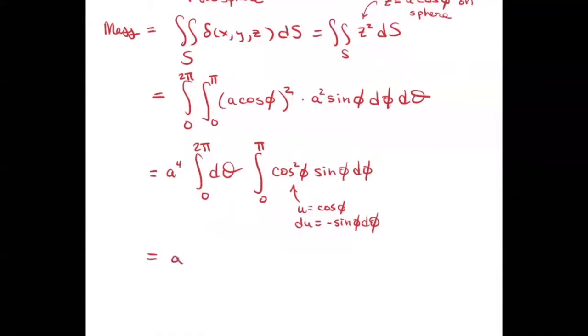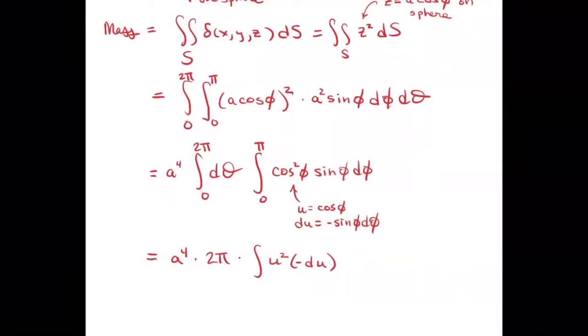We got an a to the fourth, times the integral of d theta from 0 to 2 pi, that'll just be 2 pi, times the integral, I'm going to have a minus sign, I'll put it inside right now. So I'm going to have a cosine squared, which is u squared, and then a negative du, I guess. Remember, whenever the differential comes out negative, you can count on your limits being flipped around wrong.